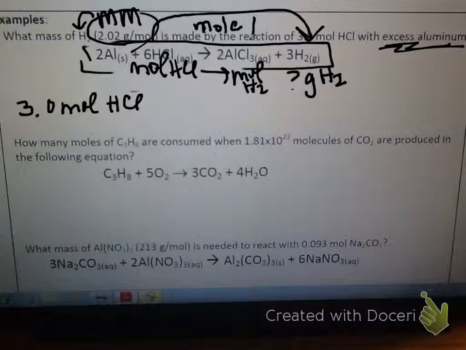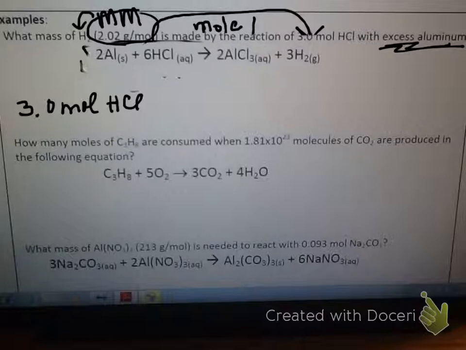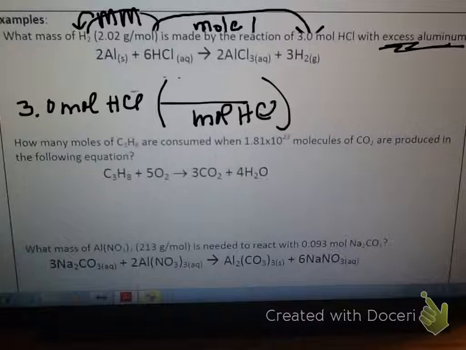So now I'm going to do a mole to mole, moles of HCl to moles of hydrogen. I'm going to do that using the balanced chemical formula. So let's do our mole to mole ratio. I'm given moles of HCl, so I'm going to put that in the bottom here. Got an HCl up, got an HCl down. Those will cancel out. I want to convert that to quantity of hydrogen.